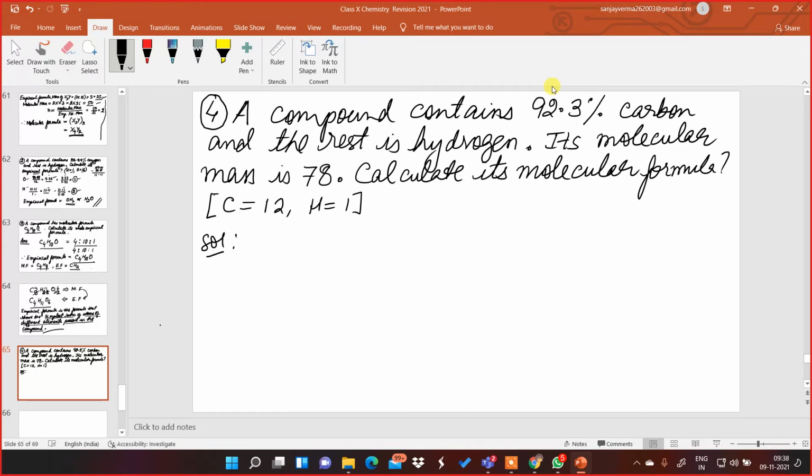Copy the question first: a compound contains 92.3% carbon and the rest is hydrogen. Have you copied the question? Copy it and do it.